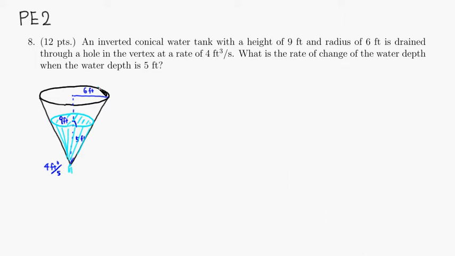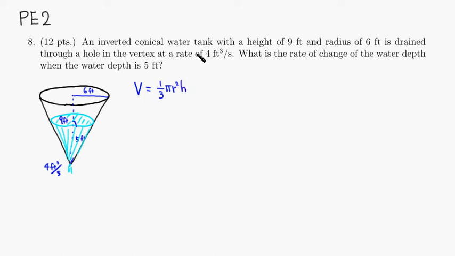Alright, so let's try to find the equation. We are looking at the rate of change of the volume. Remember that the volume of the cone is 1/3 pi radius squared times height h.